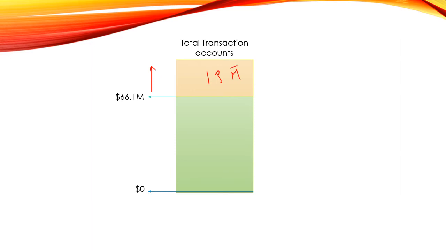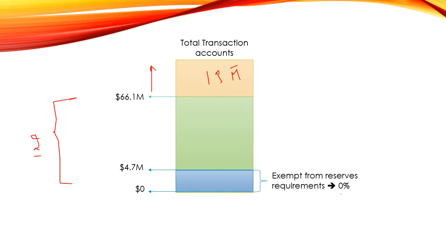Since the first $4.7 million of transaction accounts are exempt from reserve requirements, this tranche has to be divided into two tranches, from 0 to the 4.7 million, where the reserve requirement should be 0% because they are exempt from reserve requirements, and from 4.7 to the $66.1 million, where the reserve requirement has to be 3% as given by the exercise.